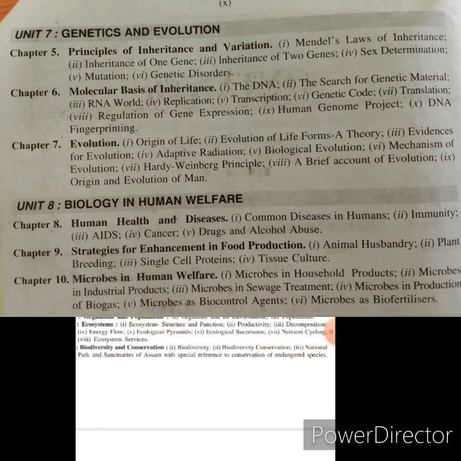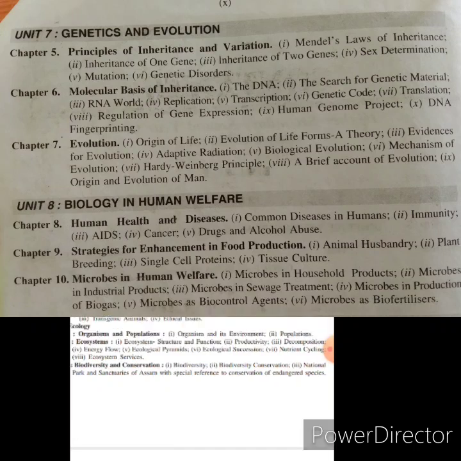Another one is the experiment of Urey and Miller, that is the chemical origin of life on earth, very important. Then adaptive radiation is also very important. I will discuss this chapter in detail later on.